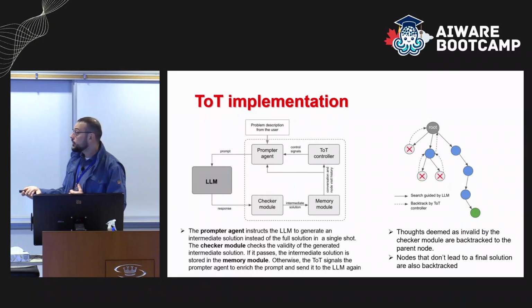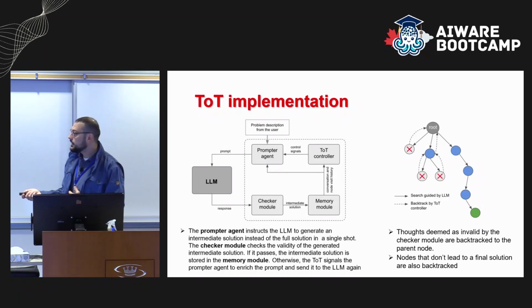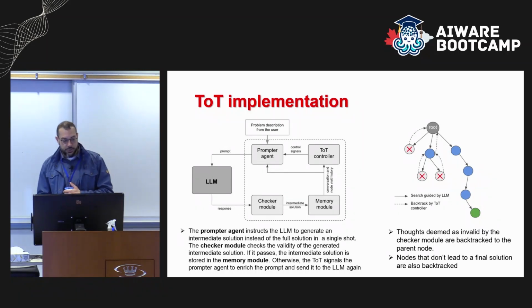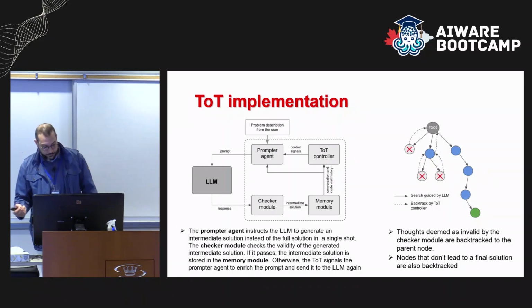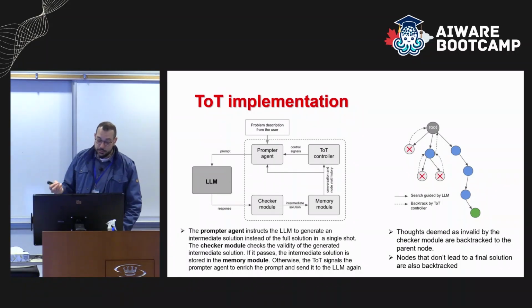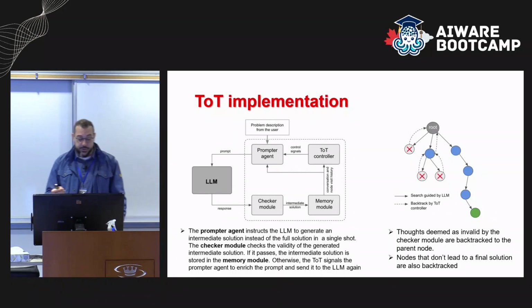And here's an architecture to implement a tree of thought, and use this prompt agent module, okay, that instructs the LLM to generate an intermediate solution. You also have this checker module which checks the validity of the generated intermediate solution.